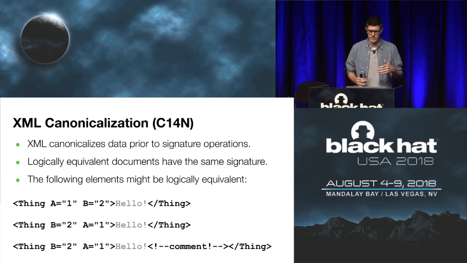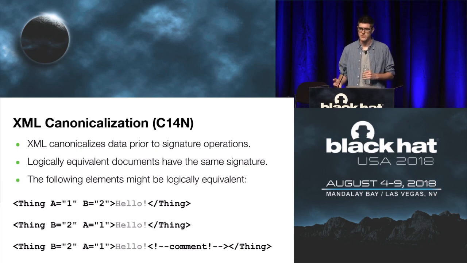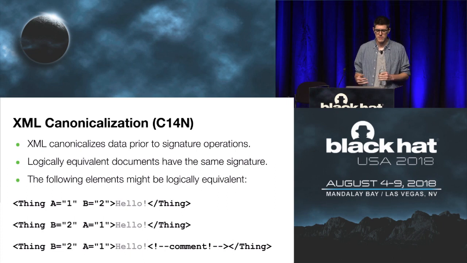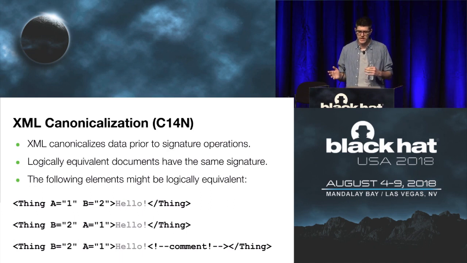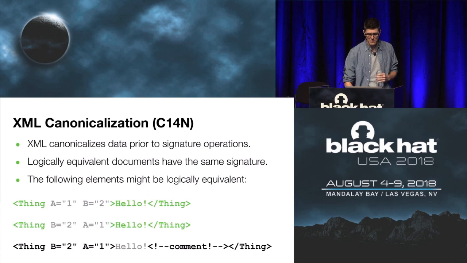Canonicalization, which is abbreviated C14N, is a standard series of transformations that are applied to documents before signature operations. This prevents minor differences in signed documents from causing signatures to become invalid. The key point here is so long as the documents have the same logical meaning, they should have the same signature.